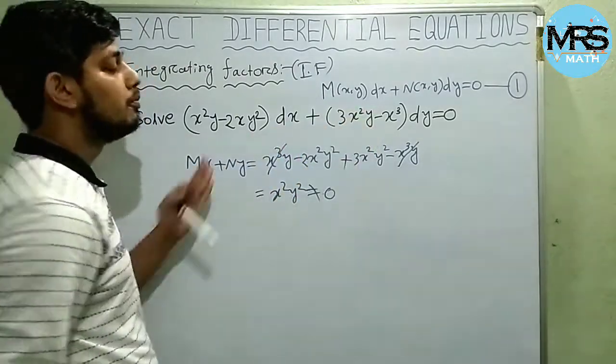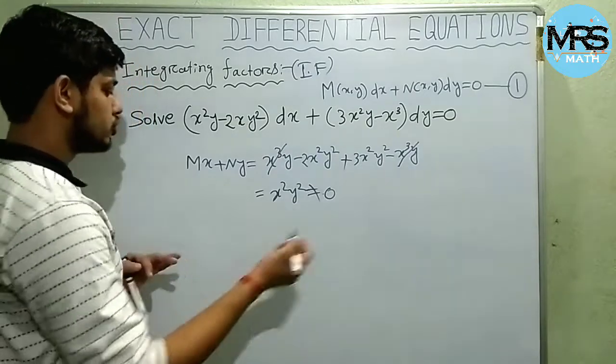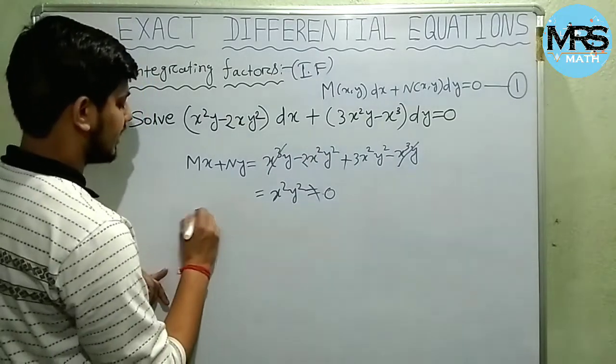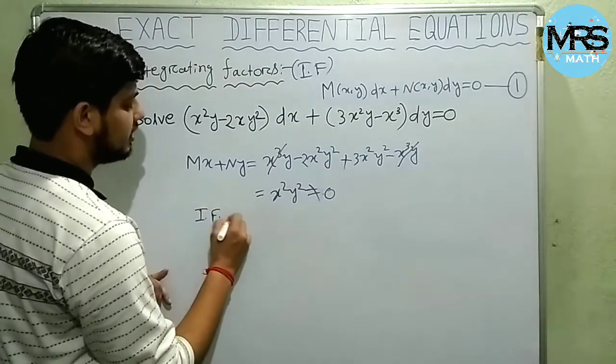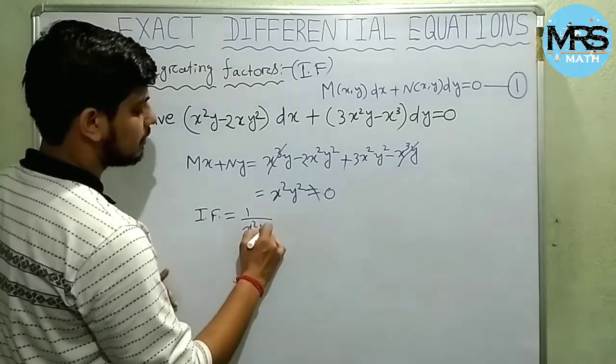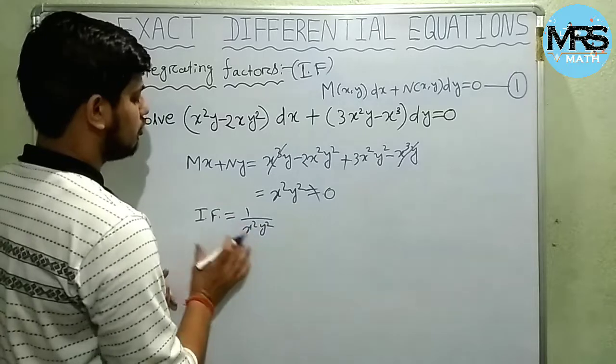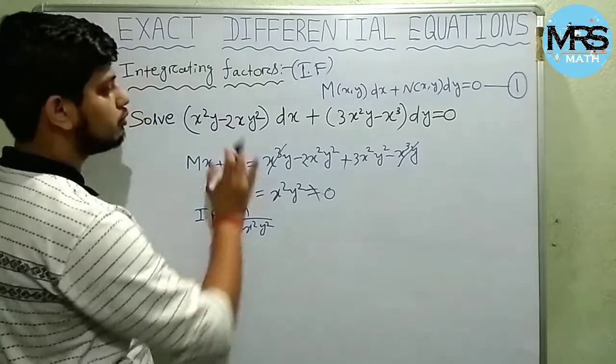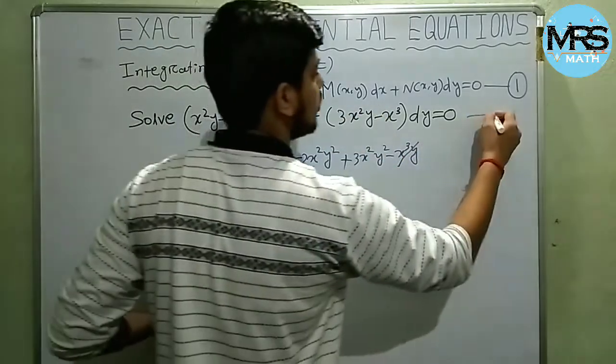So as per rule number 1, this Mx plus Ny is not equal to 0, and this is a homogeneous differential equation. So we can apply that our integrating factor will be 1 by Mx plus Ny, that is x square y square. Now we will multiply this with equation number 2.